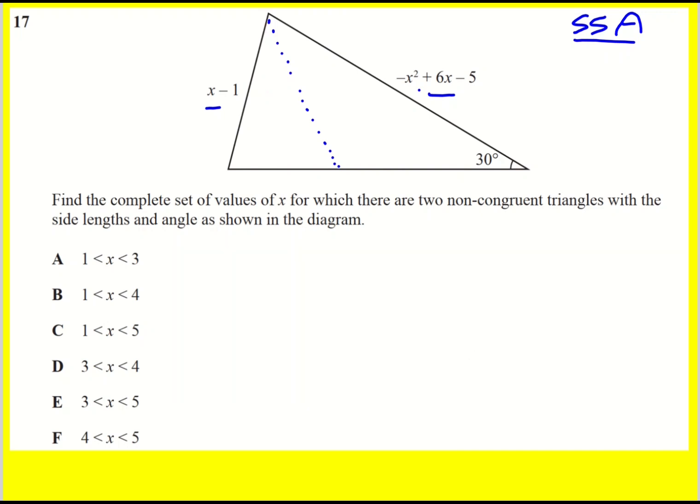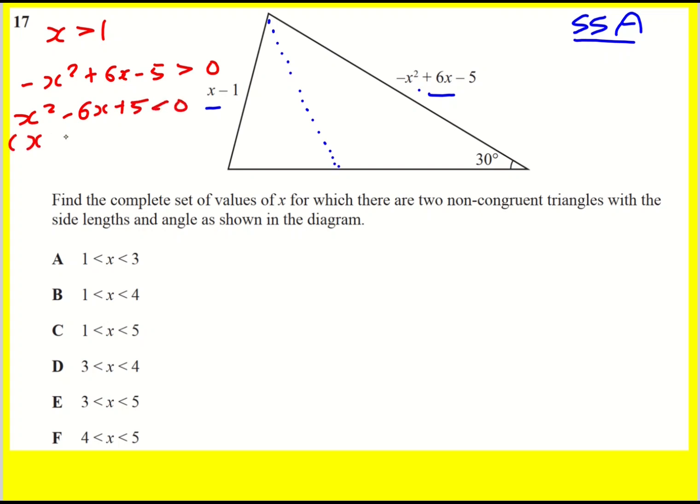It's just an alternative. So I started by saying, right, both sides have to be positive. So x is going to have to be greater than 1. That doesn't help from the solutions point of view because they're all greater than 1 there, but it's at least a start. And then also minus x squared plus 6x minus 5 is going to have to be greater than 0, which means x squared minus 6x plus 5 is going to have to be less than 0.